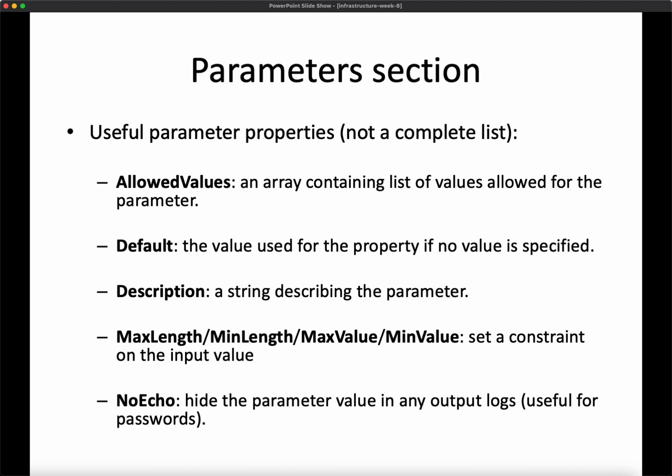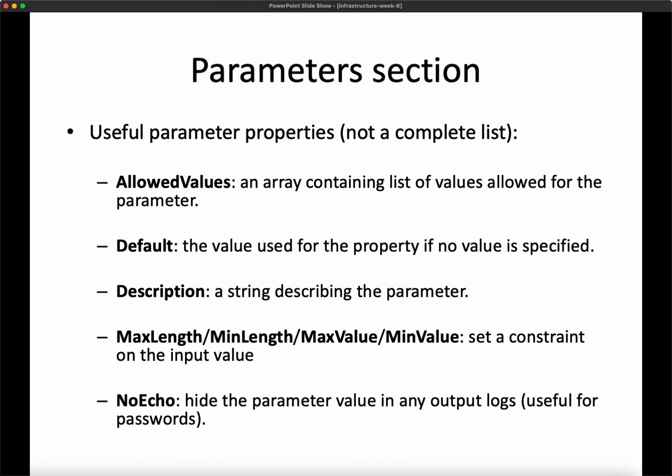And speaking of parameter properties, you can define a number of different constraints for a particular parameter. For example, you can specify a list of allowed values, and any value that's not within that list will not be accepted by CloudFormation. You can also define a default value. So if the person who's launching the CloudFormation stack doesn't provide a value for a particular parameter, then CloudFormation would use the default value associated with that parameter.